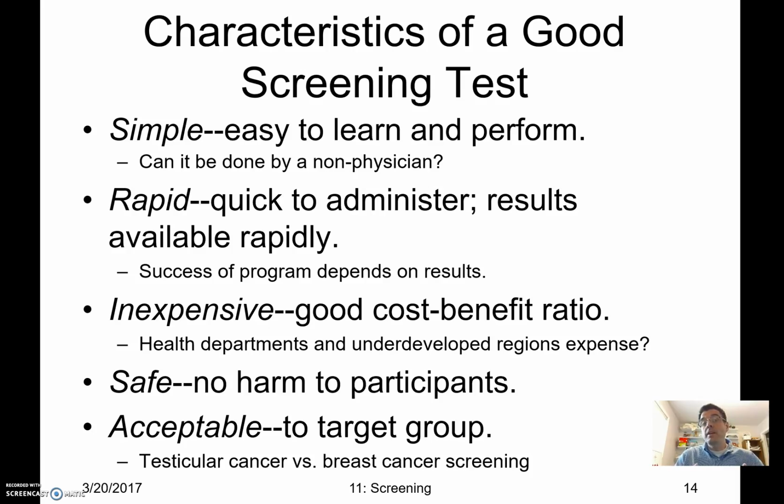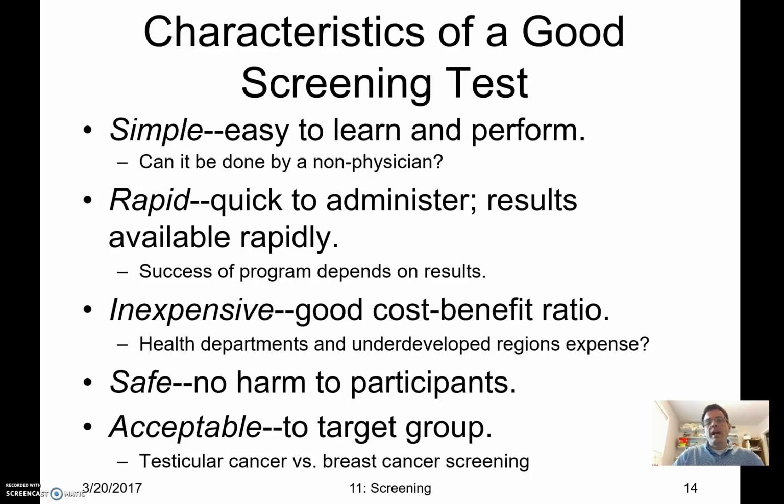And then we move on to talk about what makes a good screening test and what kind of characteristics would we want to see within a screening test. It needs to be simple, as in it should not be implemented where a physician has to be the one that will complete the test on the individual.